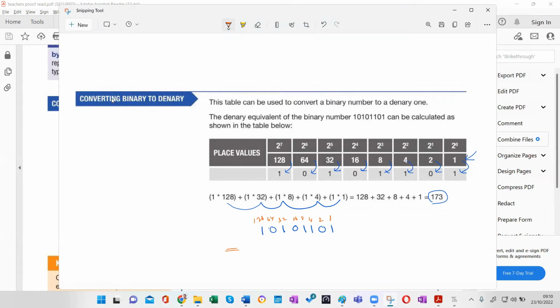There's 128. So you add 128. Plus, are there 64s? No 64s. So you don't need. 0 into 64 is 0. That's 132. No 16s. That's 1 8. That's 1 4. No 2s.